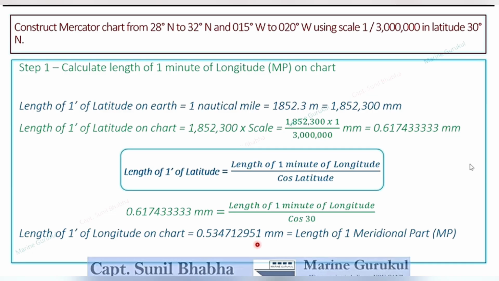Now this is also equal to the length of one meridional part, in short known as MP. One meridional part is nothing but exactly same as 1 minute of longitude. So once we have this length, we can easily construct the chart.